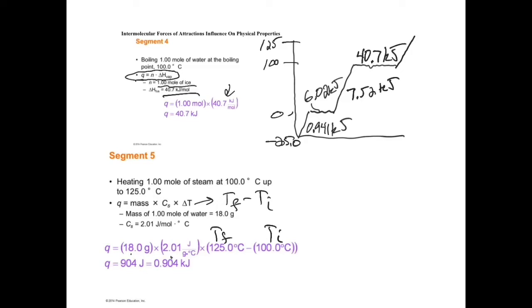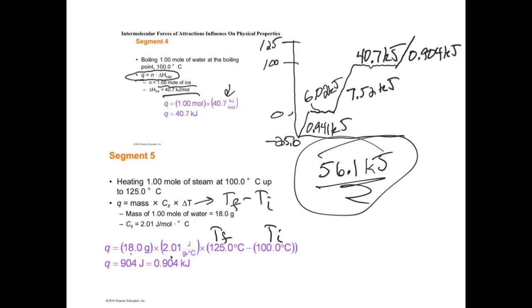So if we punch that in, we get 0.904 kilojoules. And then to get the final number, we add them together. And as I mentioned, as I did the math before, it comes out to 56.1 kilojoules. So that's the overall approach that you take.